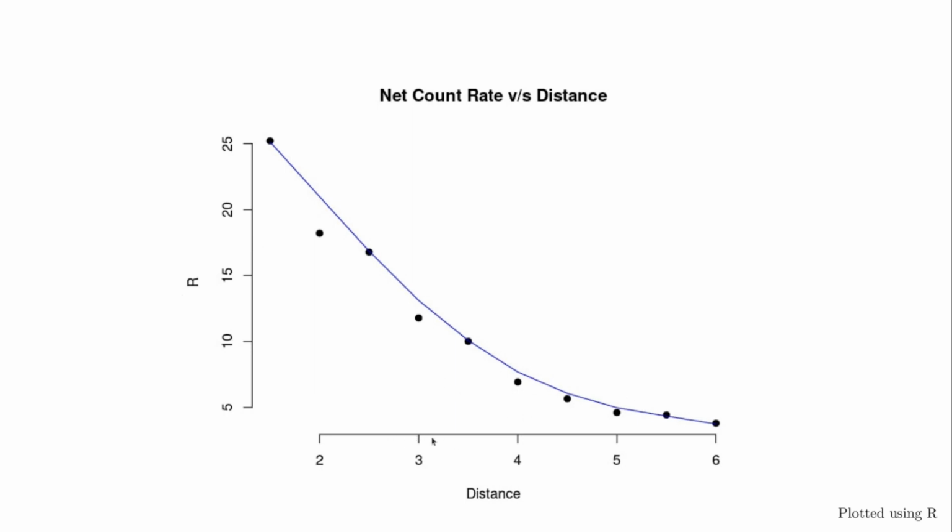At 3 centimeters from the detector tube, it is 12 radiations. At 4 centimeter, it is somewhere around 7 radiations. At 6 centimeter, it is 5 radiations or less than 5. This is telling you that as the distance is increasing, the number of radiations is gradually decreasing.